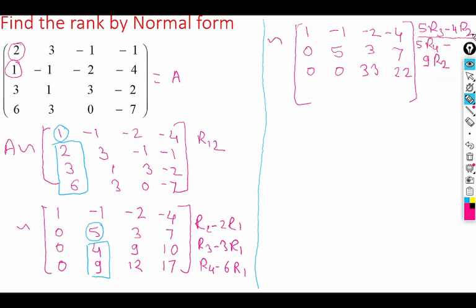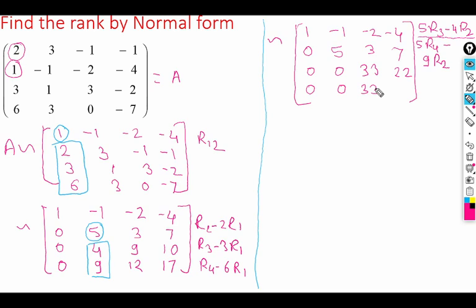So the upper is different, 5R4 minus 9R2. This is the different one we want. 5R4 means 60. 60 minus 27, and that is coming 33 again. You can check.